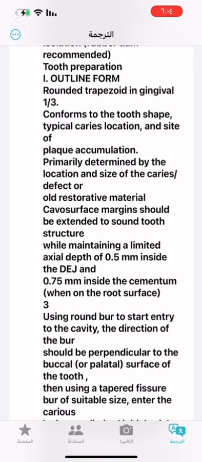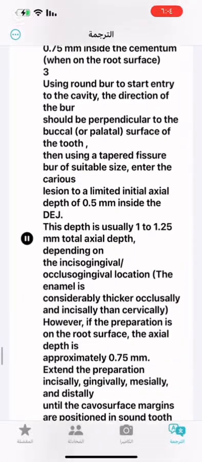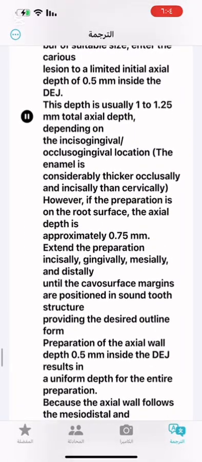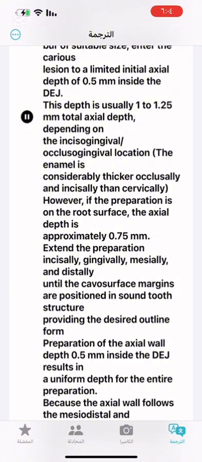0.2 mm to 0.3 mm inside the DEJ. The handpiece is positioned so that the number 1/4 bur is directed generally to bisect the angle formed at the junction of the axial wall and the incisal, occlusal or gingival wall.